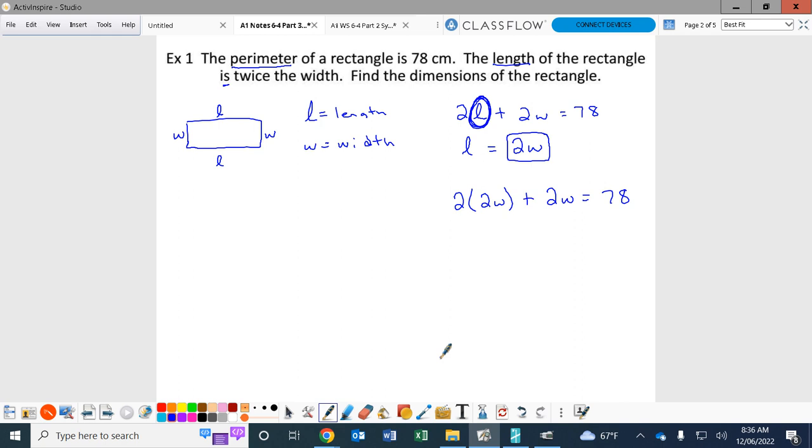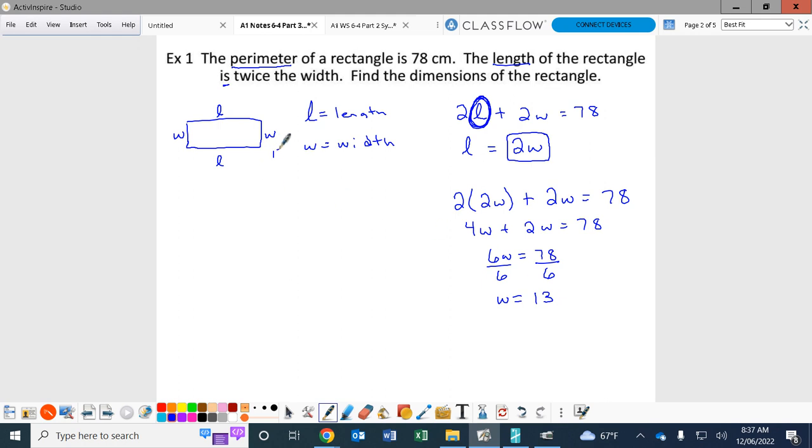Okay. 2 times 2W is going to be 4W plus 2W equals 78. We're going to combine like terms. The 4W and the 2W are like terms. They can go together. That's going to be 6W equals 78. We're going to divide both sides by 6. And you're going to tell me, because I don't know, what is 78 divided by 6? 13. Perfect. 13 is going to go right here.